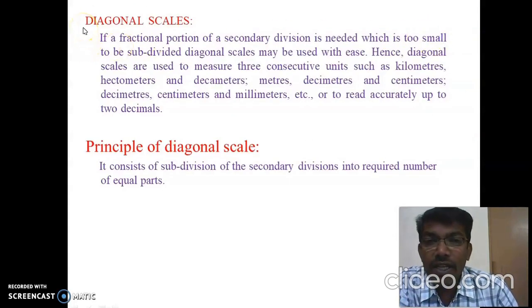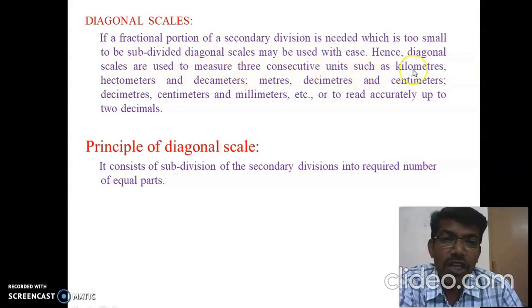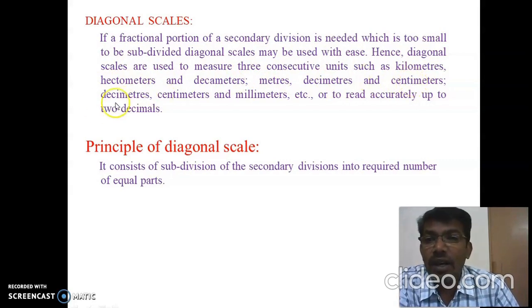It is diagonal scales. Diagonal scales are used when a fractional portion in a secondary division is needed which is too small to be subdivided. Hence diagonal scales are used to measure 3 consecutive units such as kilometers, hectometers and decameters, and another, meters, decimeters and centimeters, or decimeters, centimeters and millimeters.